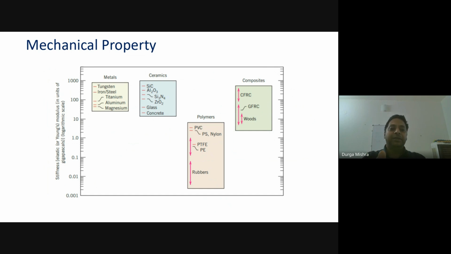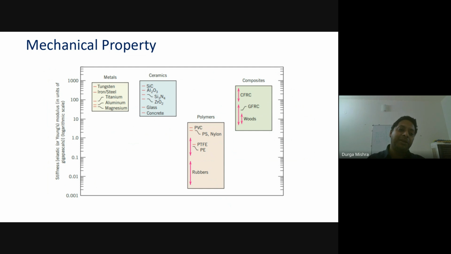When you look at this section, metals typically have a high Young's modulus, so stiffness is quite high. Ceramic also has quite high stiffness, but polymers are very flexible. You can easily deform them. As I said, with polythene or a plastic bottle, you can deform it very easily, and if you apply too much force and deform it, it will easily break.